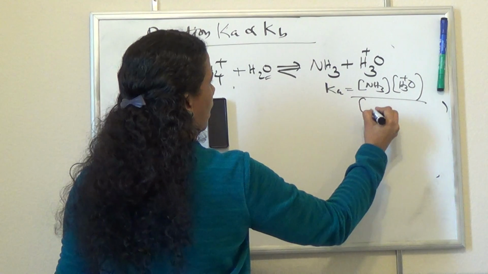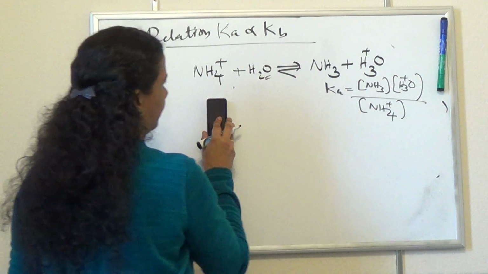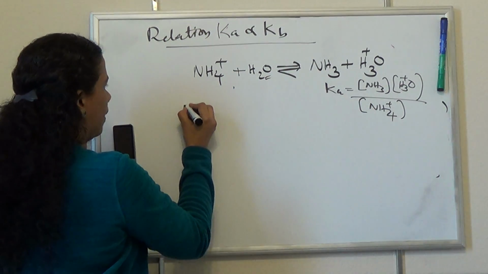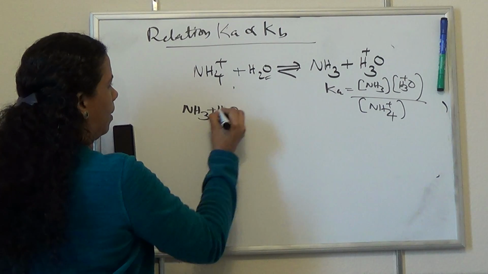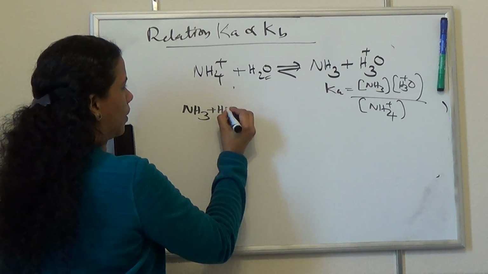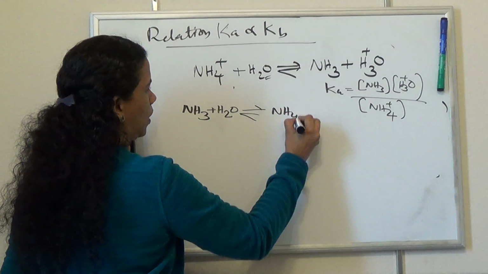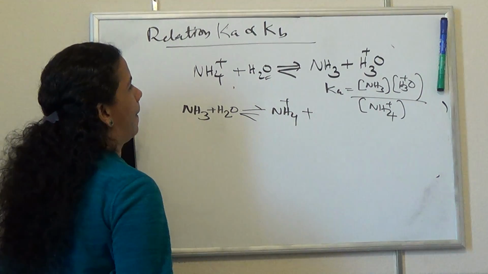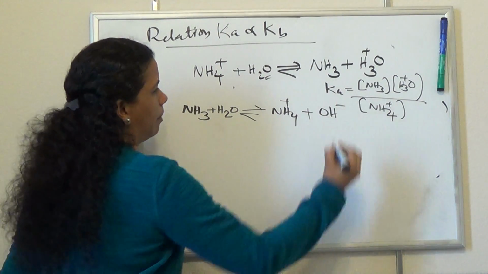Then in the same way, another equation: when ammonia is added to water, ammonia can act as a base because it will accept an H plus. It will form NH4 plus and what is remaining, OH minus.